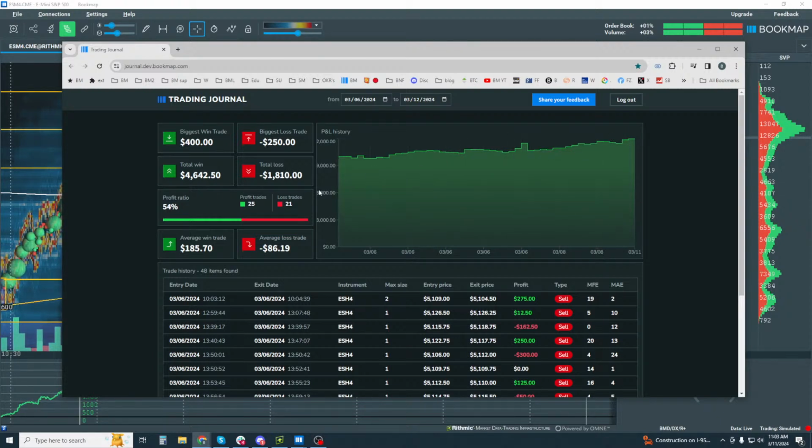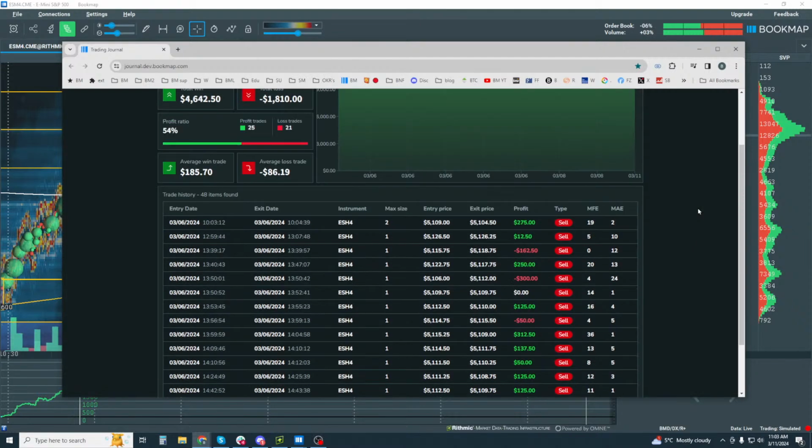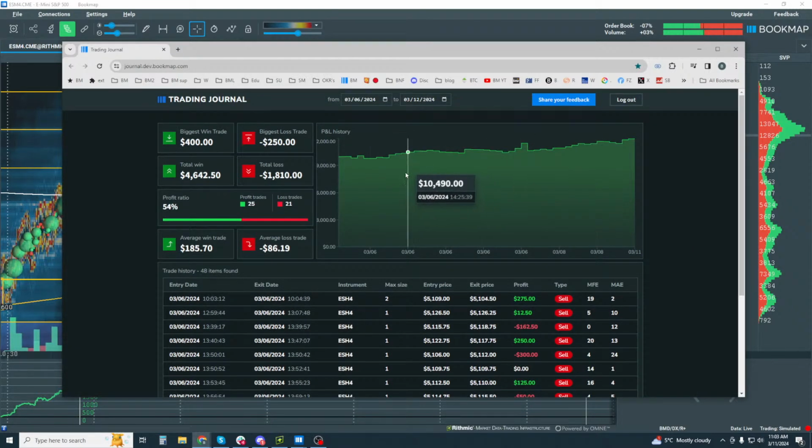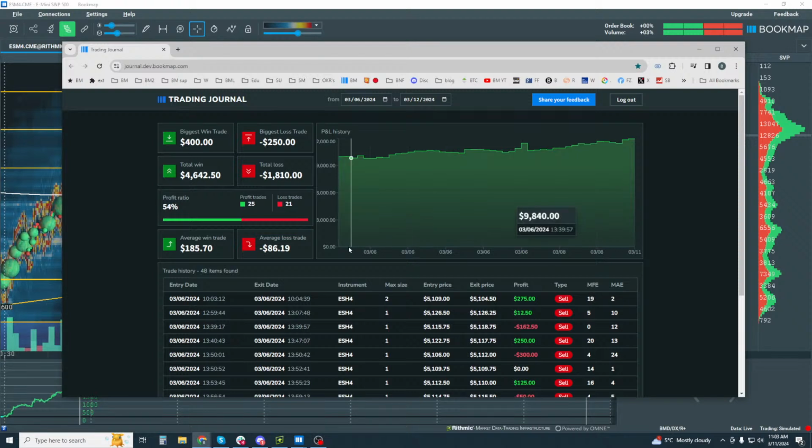Okay, so yeah, that's showing some decent results, or showing something. It's giving me some insight here, and that's what we want from it. Okay, we're going to have the maximum favorable and adverse excursions built out, times of day built out. I mean, all sorts of things, guys.